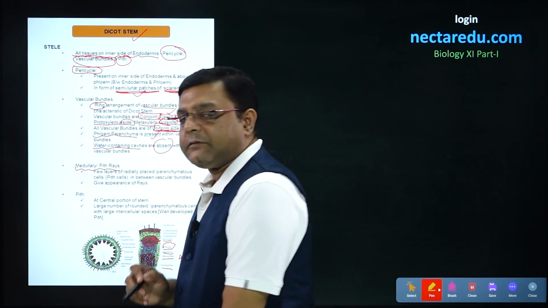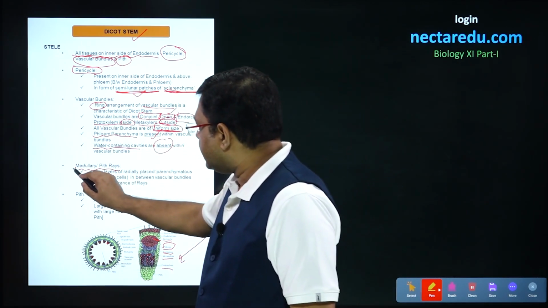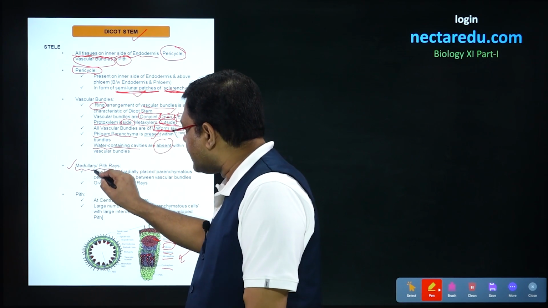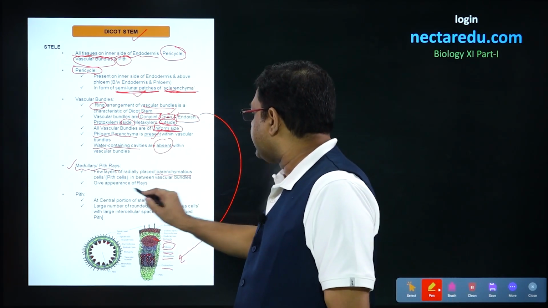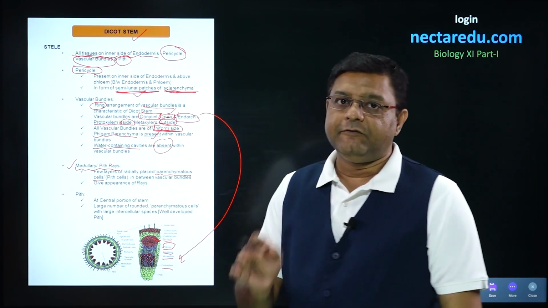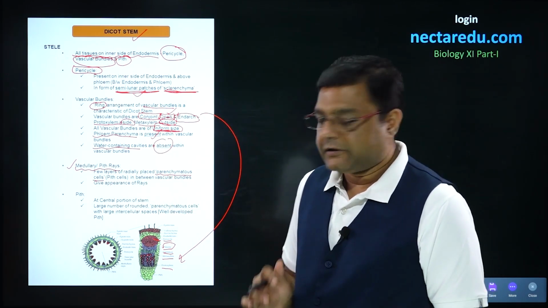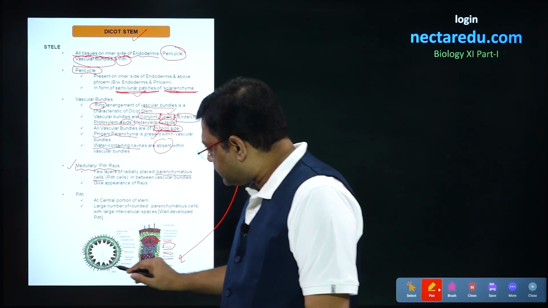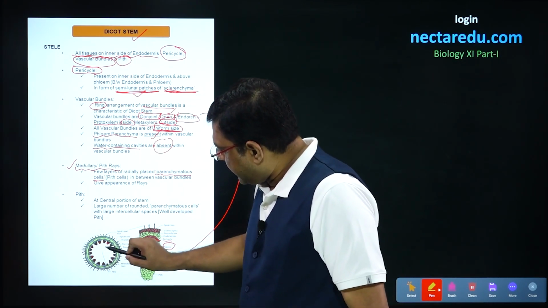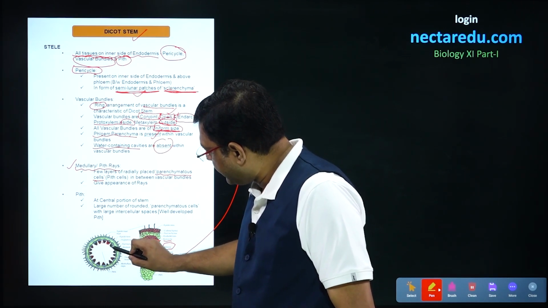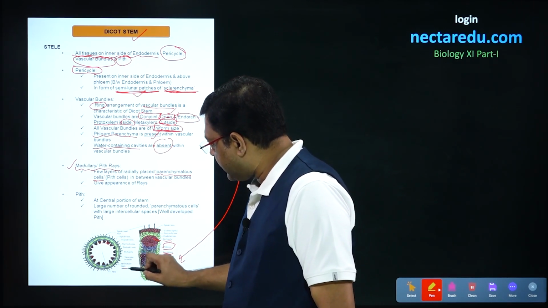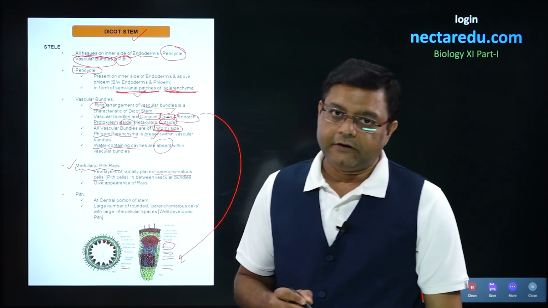After these vascular bundles, the next part is called medullary or pith rays. These are actually parenchymatous cells and these will be present between the vascular bundles. If we look at this diagram, in this ring arrangement, this whitish part is the medullary or pith rays and these are present between these vascular bundles.